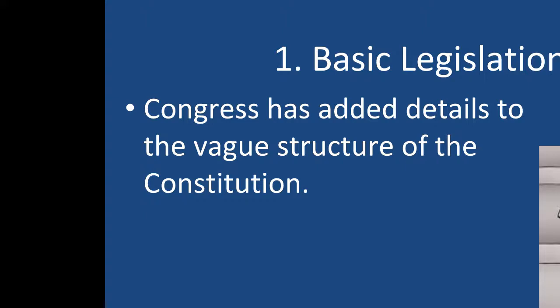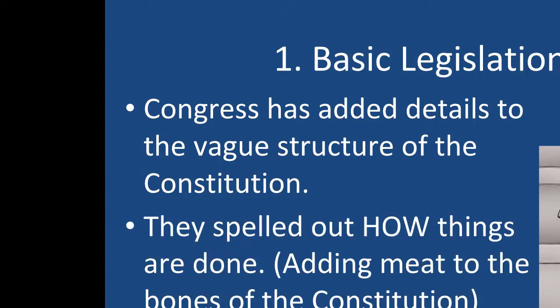So basic legislation is just day-to-day actions of Congress that have spelled out how things are done in the Constitution, like what should be done. They've taken all different kinds of turns in that, but they don't have a specific angle. They're just set up so they can show people how things should be done.